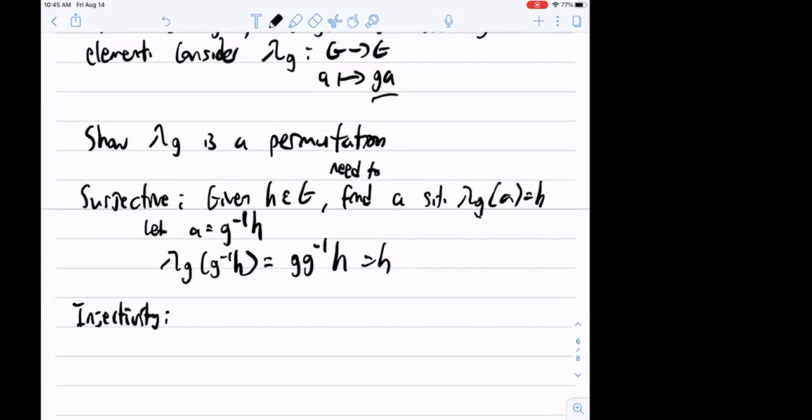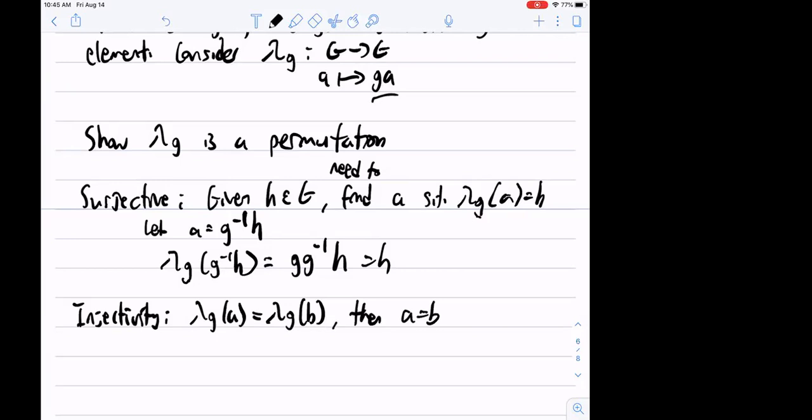So what does injectivity mean? It means if lambda_g(a) is equal to lambda_g(b), then a equals b. Picture-wise, it means no two elements can map to the same element in the range.